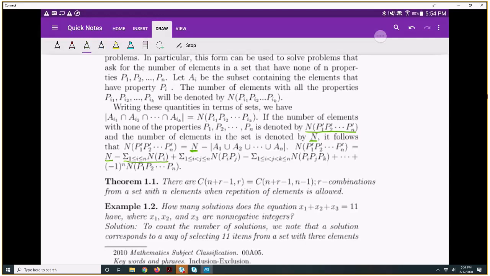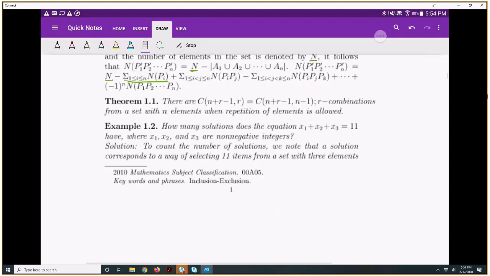Eventually, we'll eliminate all of the properties that we don't want any of our elements to have.